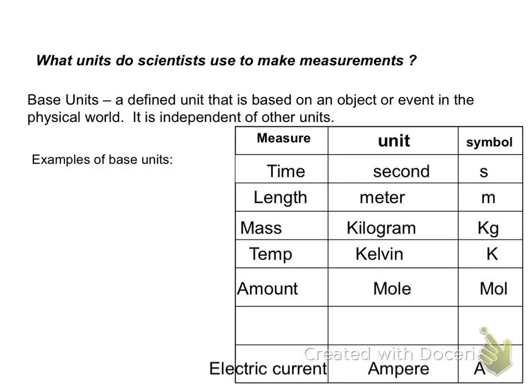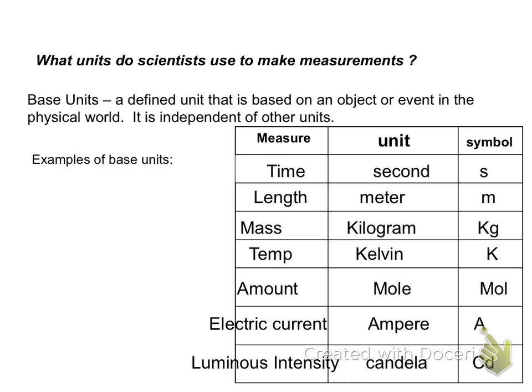And then these last 2 I'm not going to assess you on, but I thought we'd throw them in there. Electric current is the amp, capital A, and luminous intensity or brightness is the candela or cd. Now all of these units are independent of other units, meaning other units don't define them. They are standalone units in the sense that they just are what they are.